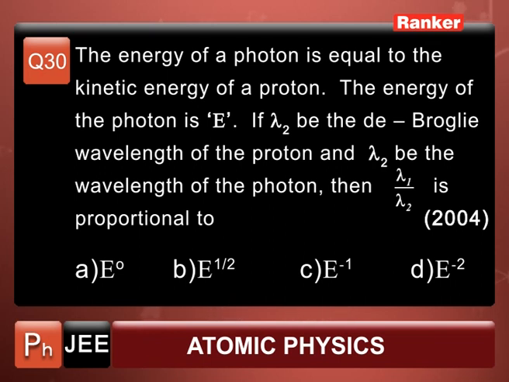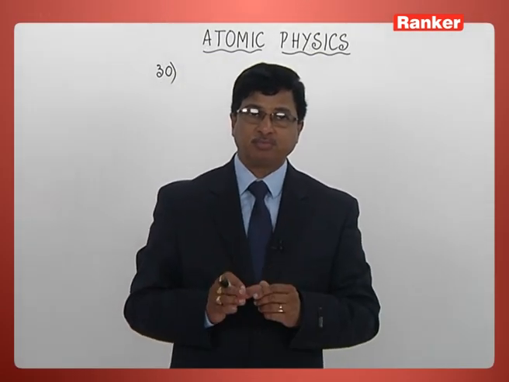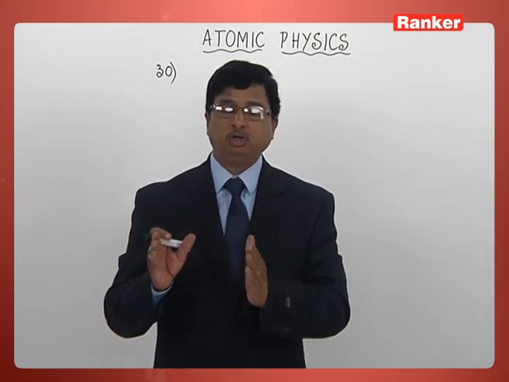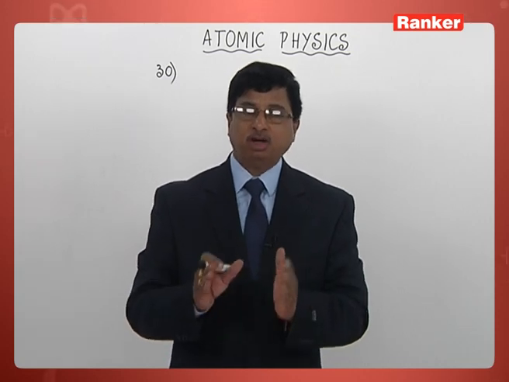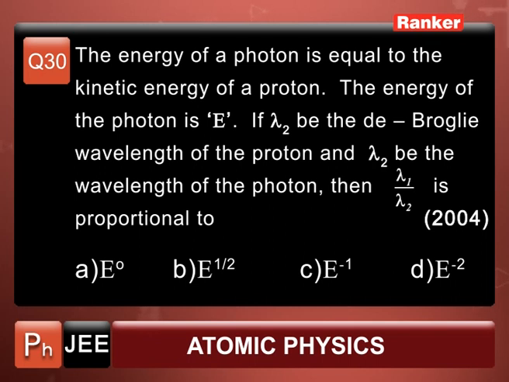If λ1 is the de Broglie wavelength of the proton and λ2 is the wavelength of the photon, then λ1/λ2 is proportional to what? He is not asking you the total equation or value for that. It is directly proportional to which quantity, in terms of energy? What is the relation? First option he gave as E to the power 0.